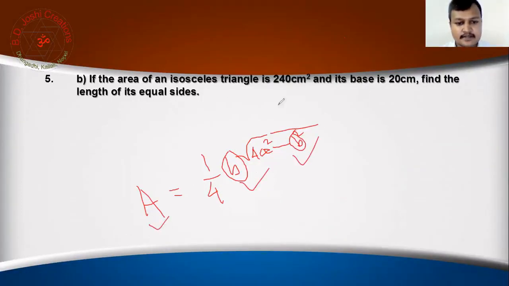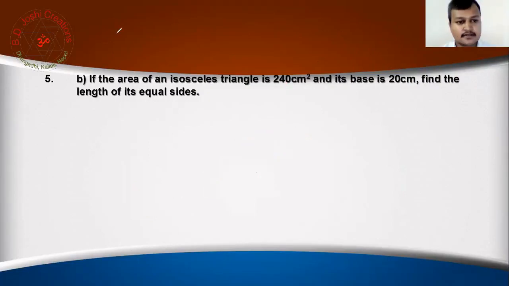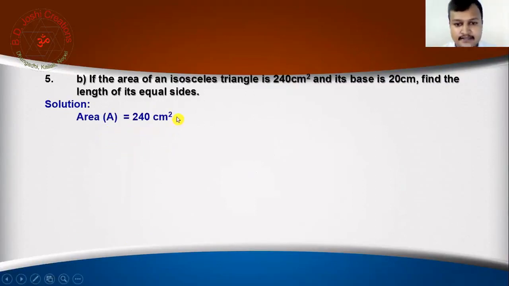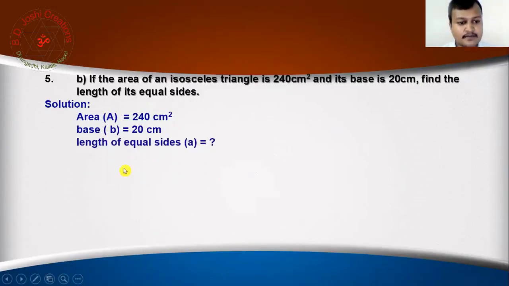Next, in place of area we put 240, and we will get the value of A in this question. Let's proceed to its solution now. Area is 240 square centimeter. Base is 20 centimeter. We have to find the length of the equal sides, that is A. We have the formula of area: 1 by 4 b root over 4a square minus b square.